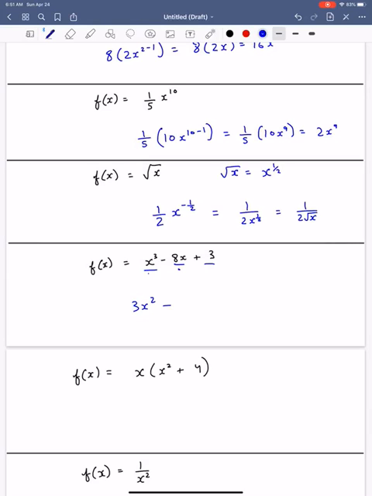Take the constant aside and then derive the function itself; the derivative of x is going to be 1. So we go 8. And then we see the sign, it's plus. And then the derivative of the constant, 3 is a constant, will be 0. So all this plus 0. So the final answer will be 3x squared minus 8.